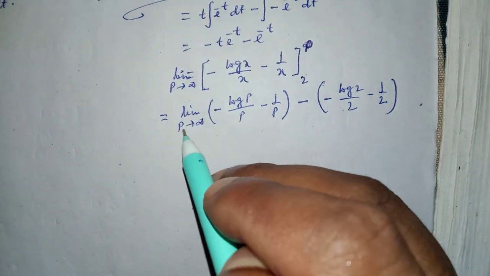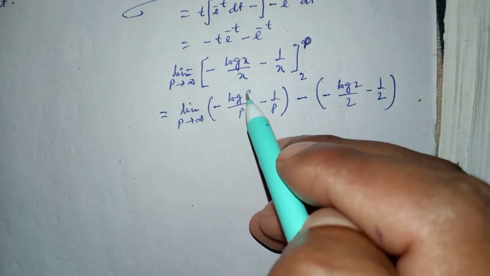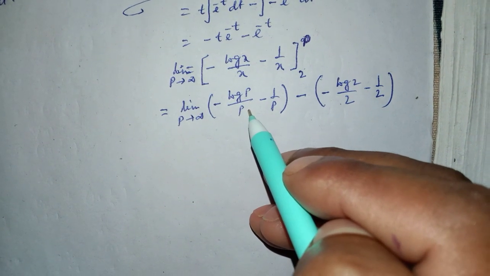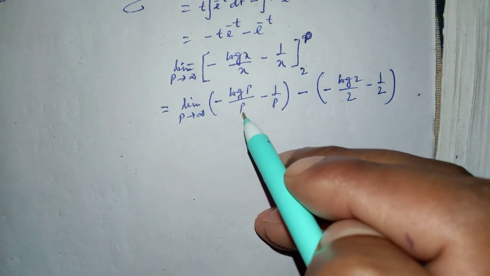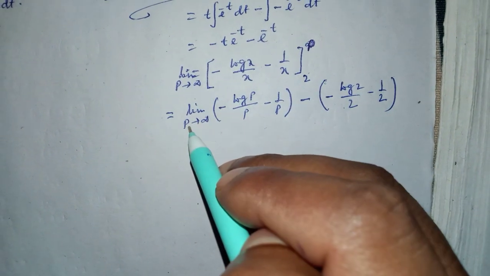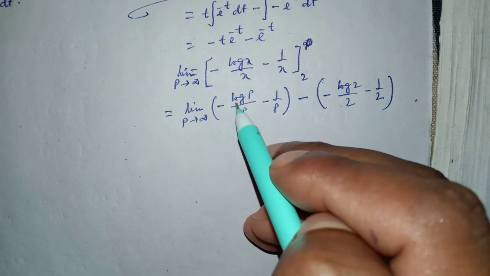Log p by p as p tends to infinity is infinity by infinity form, so derivative of log p is 1 by p and derivative of p is 1, so 1 by p, limit p tends to infinity means 0.